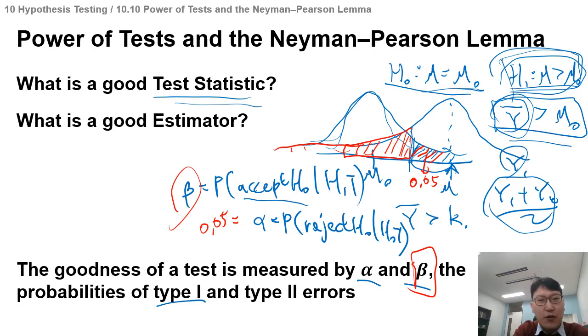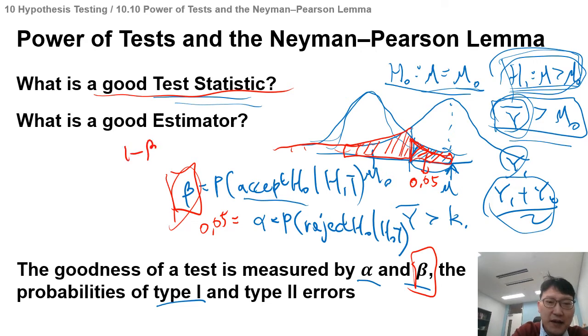Now let's ask what a good test statistic is. What we want is less type 1 error and also less type 2 error. If we fix the type 1 error rate alpha, then we want to minimize beta, or maximize 1 minus beta, which is power.